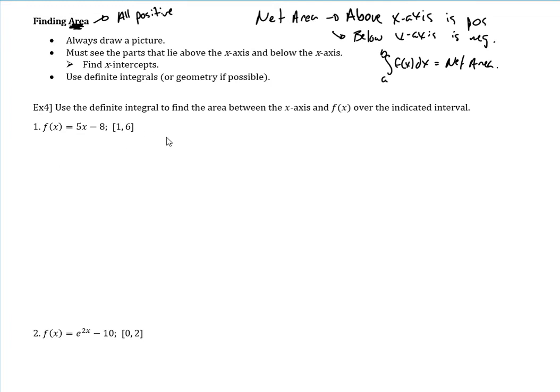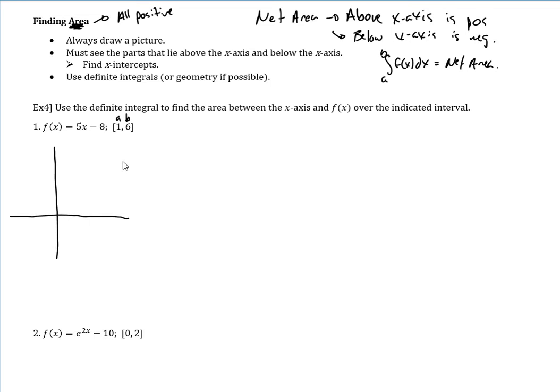It says use the definite integral to find the area between the x-axis and f of x over the indicated interval. So that's our a and b, or first x, second x, however you want to think of it. With this 5x minus 8, I'm going to plot that real quick using the y-intercept.